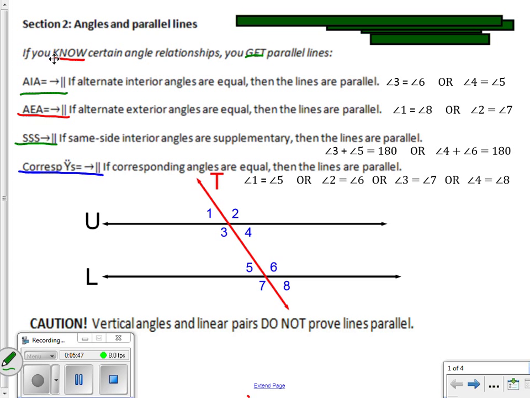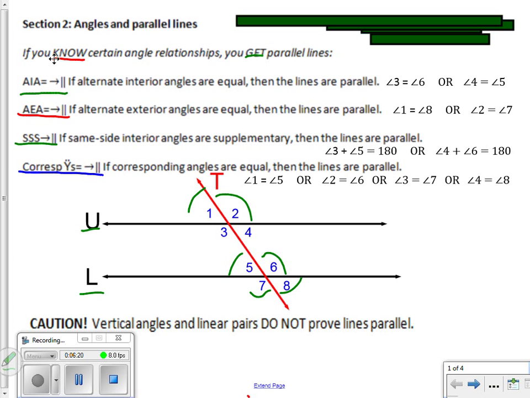Same thing, if I told you that angle 1 plus angle 2 equals 180 degrees, that's the definition of a linear pair. Just because we know that angle 1 plus angle 2 equals 180 degrees, that doesn't prove that U and L are parallel, because these angles, like 7, 8, 6, 5, might be totally different measurements than 1, 2, 3, and 4.